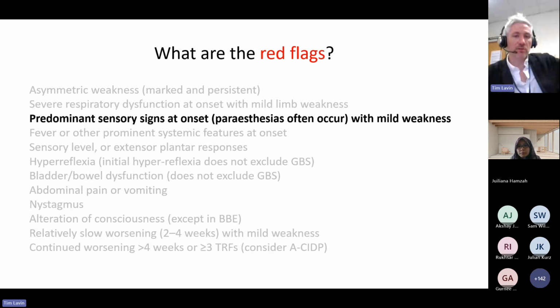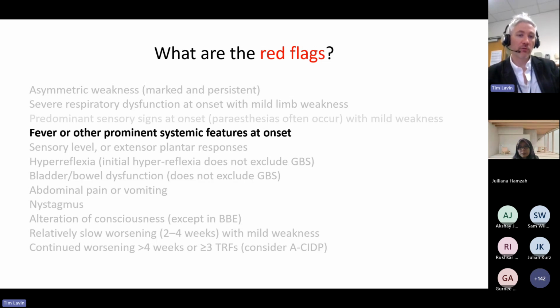Very predominant sensory symptoms with mild weakness: most GBS has a motor component. A very pure sensory syndrome is more likely to be something affecting the sensory neuron on its own. We call that a dorsal root ganglionopathy or a sensory neuronopathy, and that's a slightly different differential diagnosis.